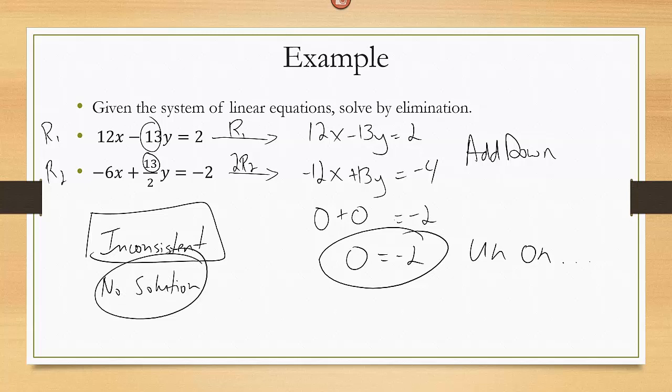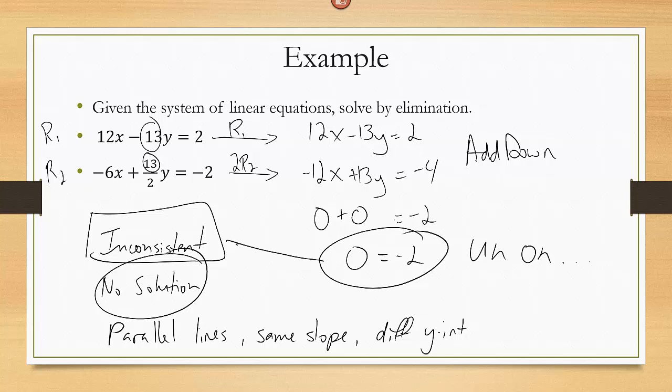And remember that inconsistent is parallel lines. So they have the same slope, different y-intercept. And remember, from now on, if you have a solution that does not make sense, so 0 equal 1, 0 equaling 5, that's not true. If you have an untrue statement, it is inconsistent.